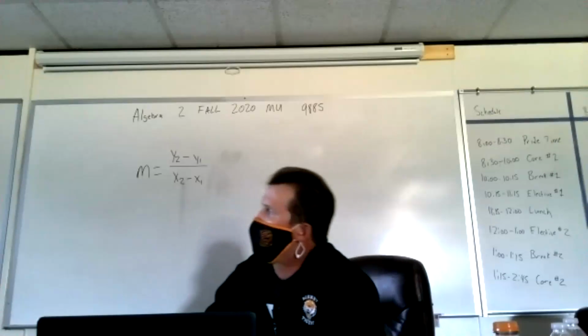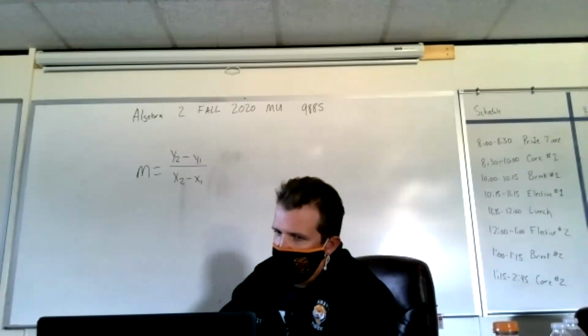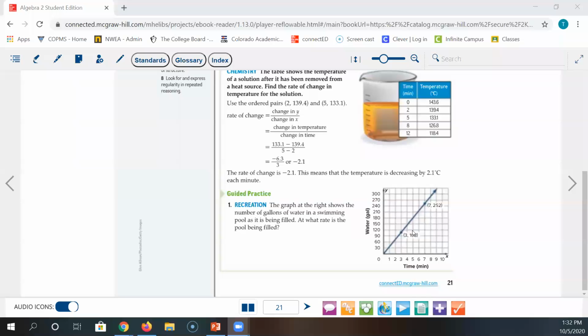Like I said, we want to look at this as being left to right. We're working on this question. We have (3, 108) and (7, 252). These are the values that I want to use. The beautiful thing is, it doesn't matter which one we choose as x2 and y2 and x1 and y1. We just have to make sure that if we put 3 first, 108 is the first y value.